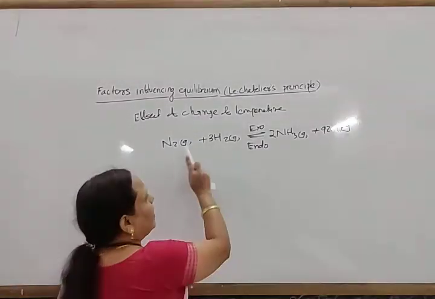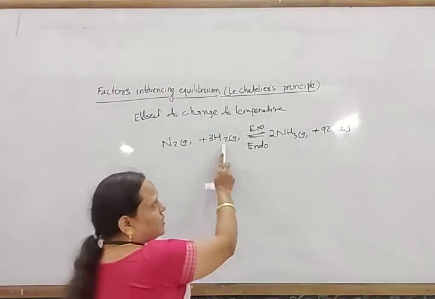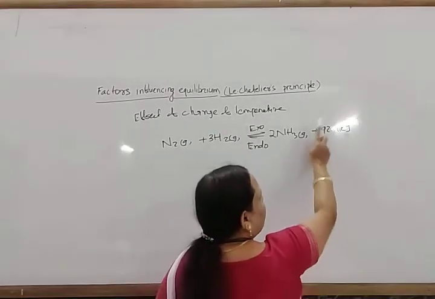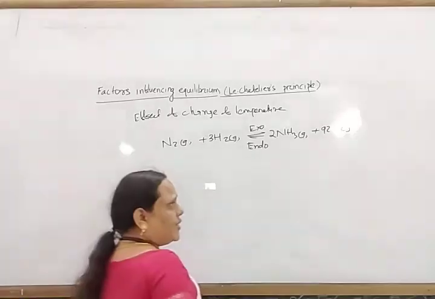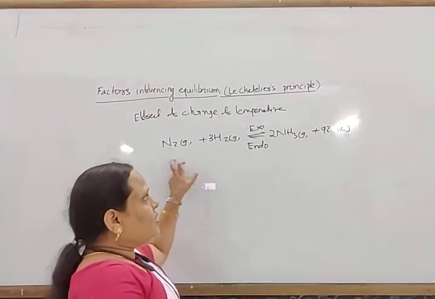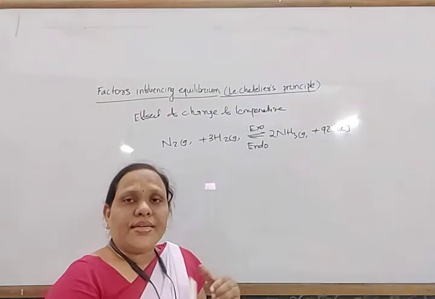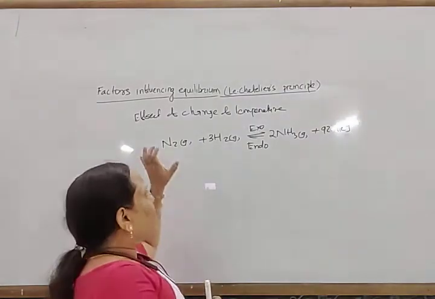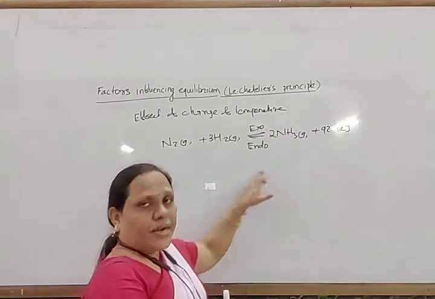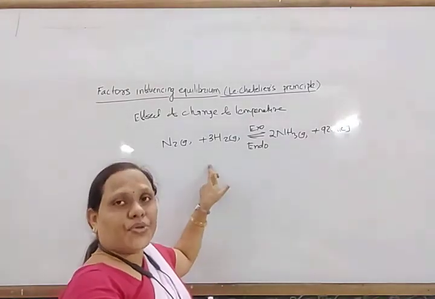In this case, since the reaction is exothermic in forward and endothermic in backward, if we increase the temperature, the equilibrium will shift backward because backward is endothermic.